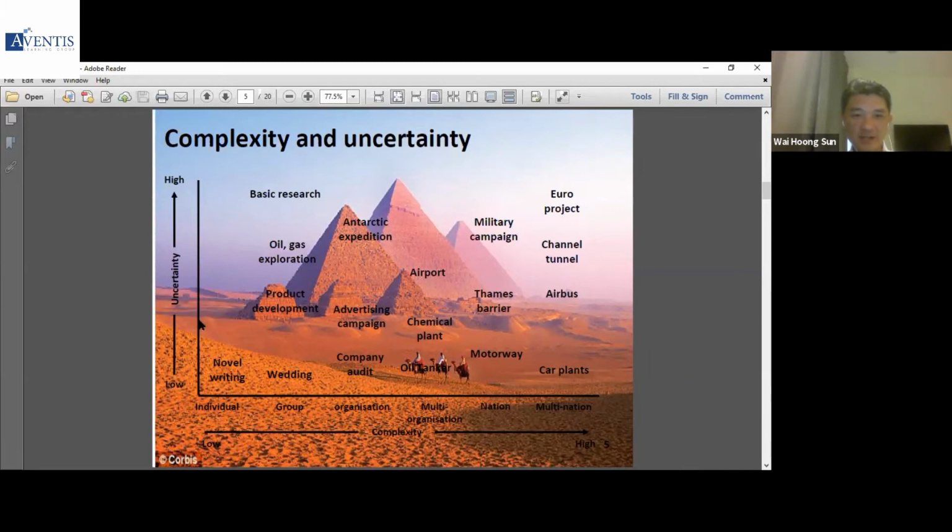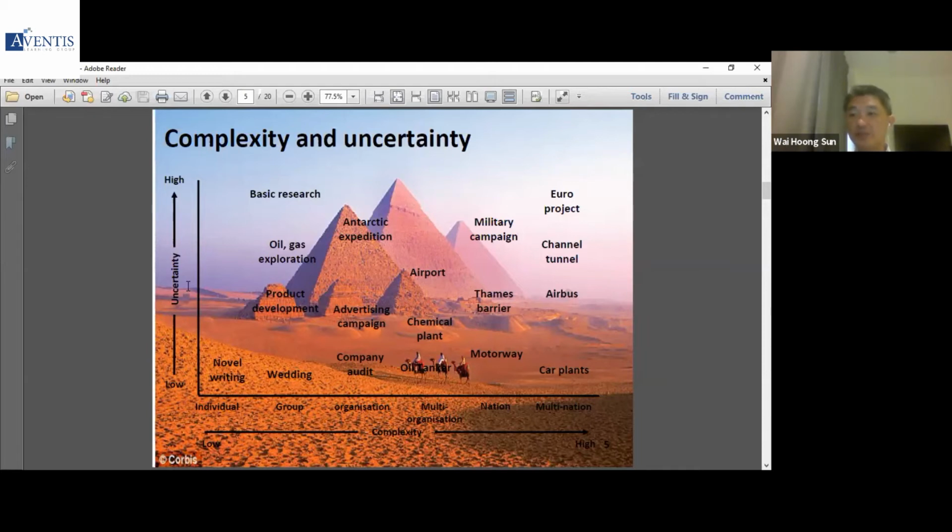Now, on the vertical axis, you would have how uncertain the project is, because when we use uncertain, we actually refer to: has the project been done before? Is this the first time that we're doing a project, or has this project been implemented before in different variations? Because we discussed that a project has to be unique in some way.